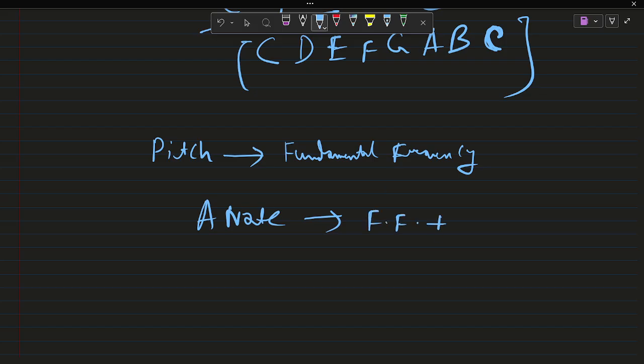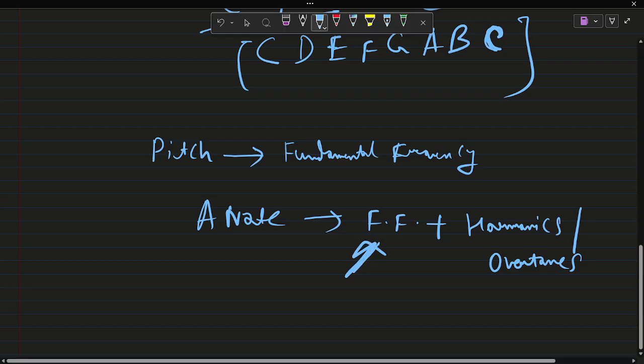It produces the fundamental frequency along with some harmonics or overtones. At this fundamental frequency, our vocal cord vibrates.